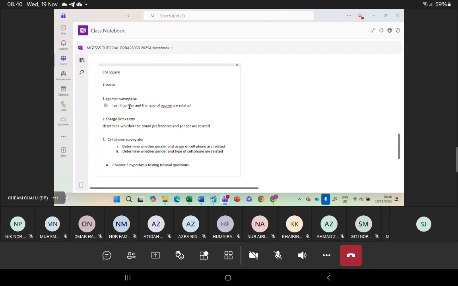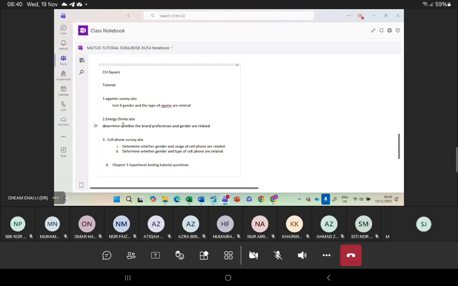So sekarang kita nak lihat, for this first data, nak check whether gender and type of e-games are related. Contohnya, for example, female lebih suka main PUBG, male lebih suka main Mobile Legends, itu contoh ya. So we want to see whether gender and the type of games are related.